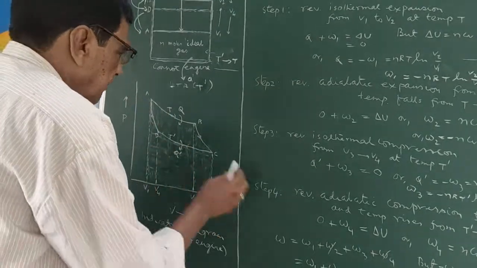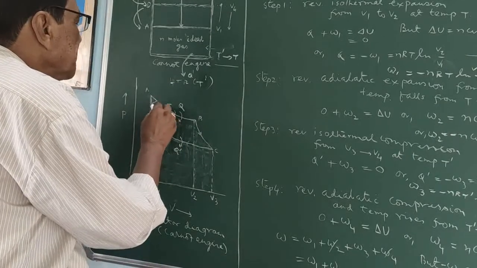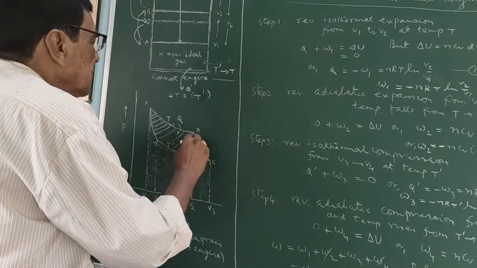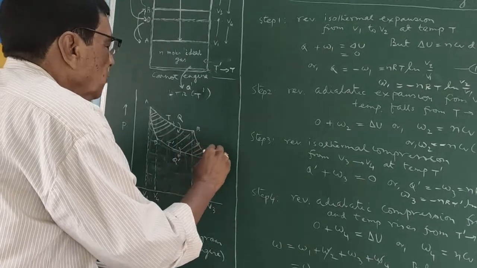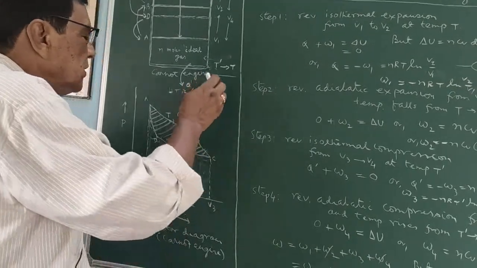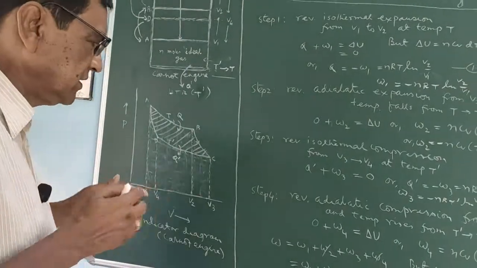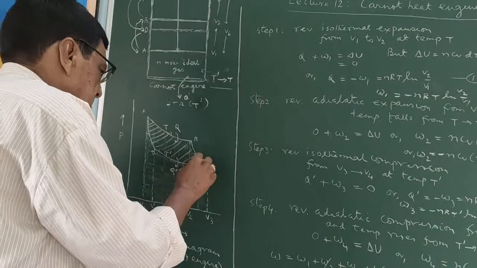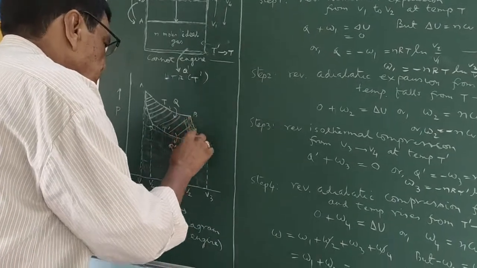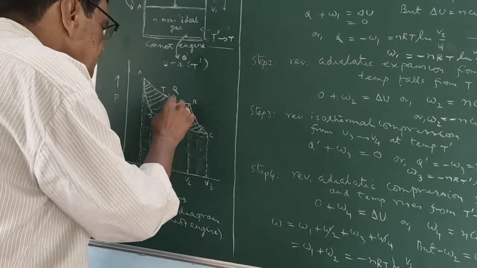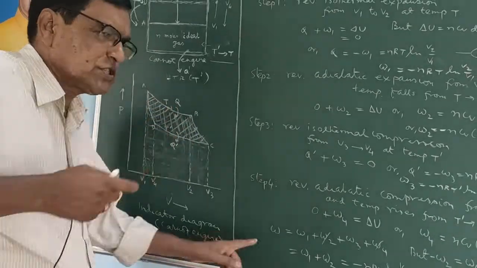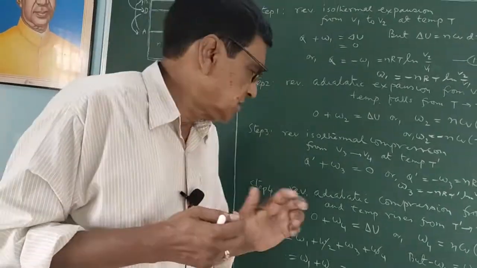So this W becomes this enclosed area. This enclosed area will give you the work done by this engine, and it is the W. And by measuring this area of this indicator diagram, it is also possible to get the magnitude of W.